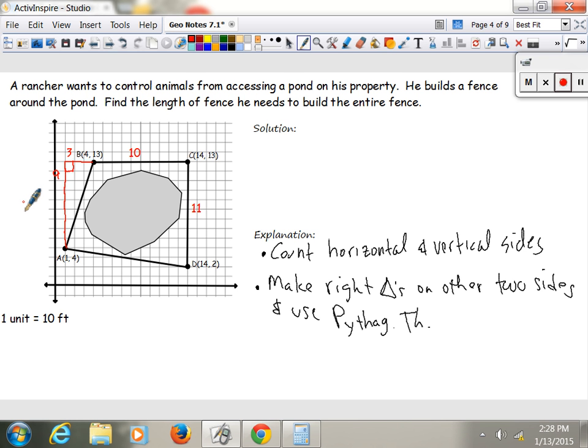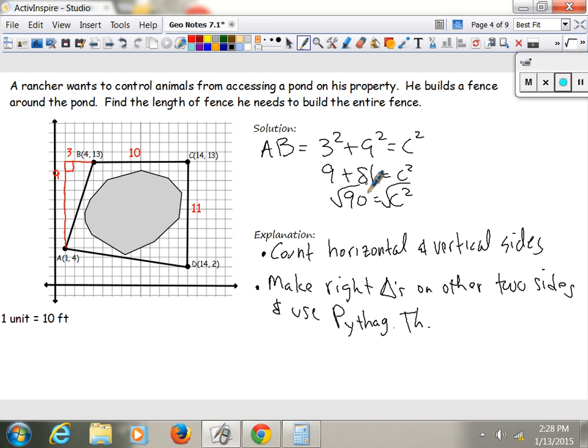So if I want to find the length of AB, from A to B, I would need to do 3 squared plus 9 squared. You don't have to do distance formula when you have a picture because you can just make your right triangle and just count them. So 3 squared plus 9 squared, so that's going to be 9 plus 81, which is 90.